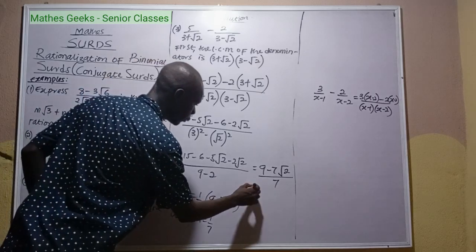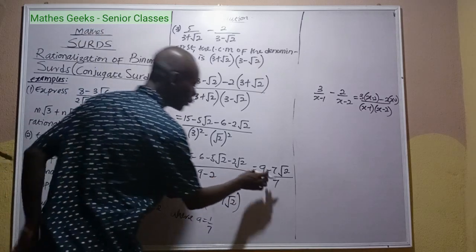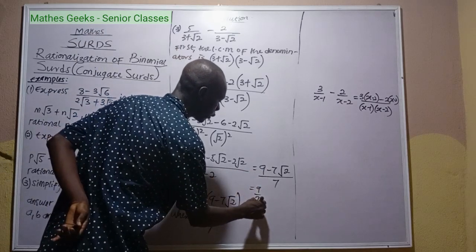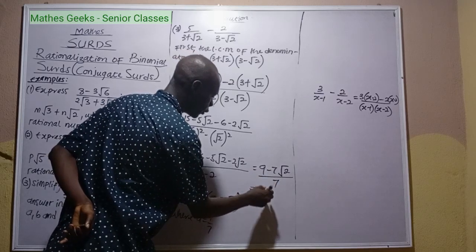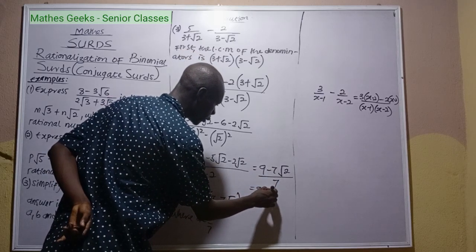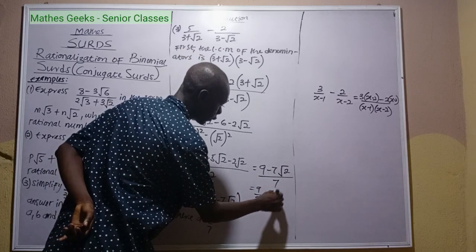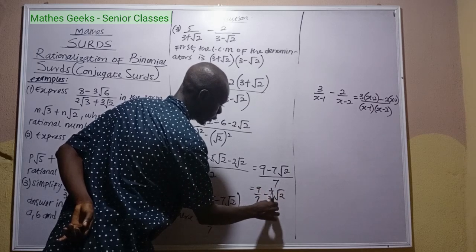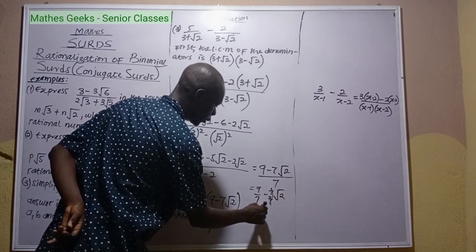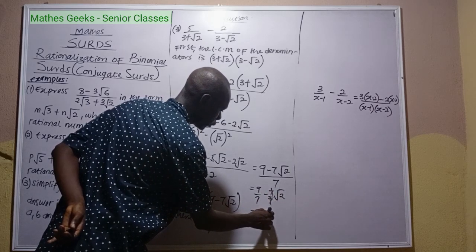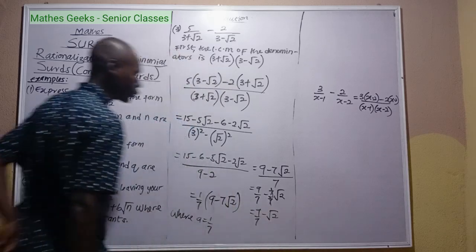Before I get to this, let me even simplify here. So this gives us 9 over 7, and here is minus 7 over 7 root 2, so 7 will cancel, so that will give us 9 over 7 minus root 2.